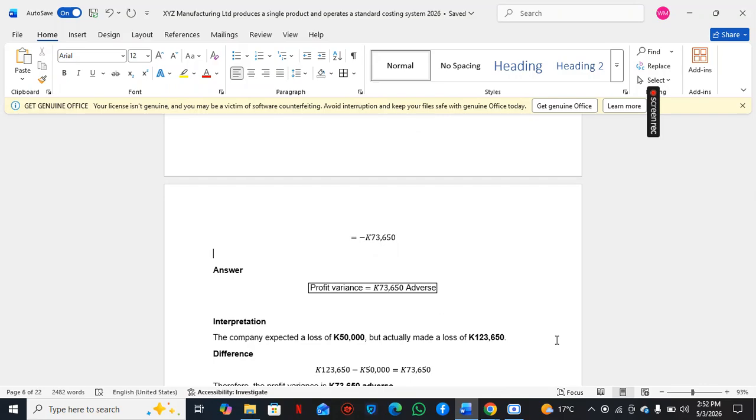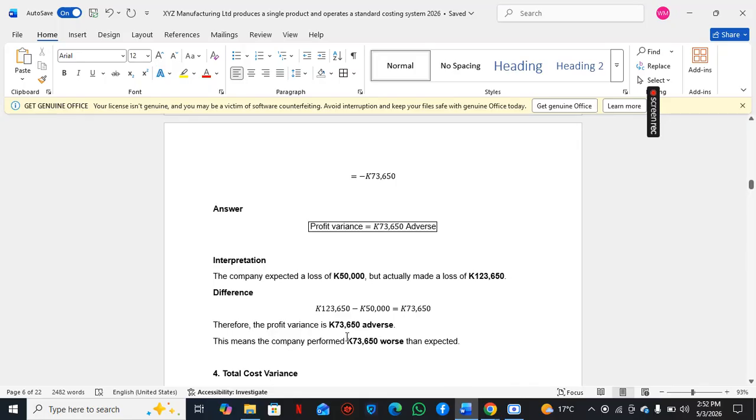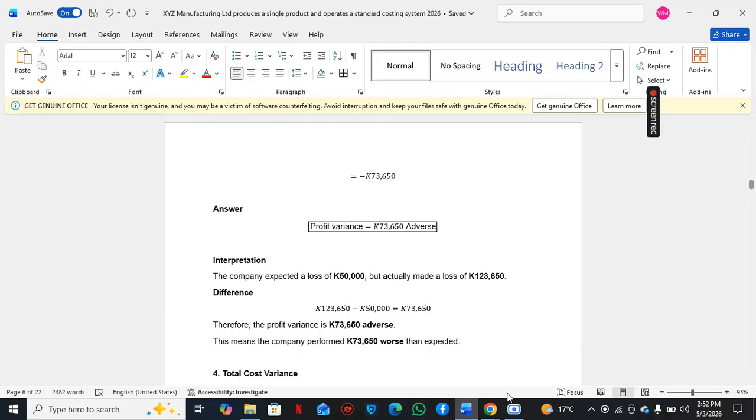Our budget was a loss of 50,000, but we made a loss of 123,650. So we did 76,650 kwacha worse than what we budgeted. The company performed 76,650 kwacha worse than expected.